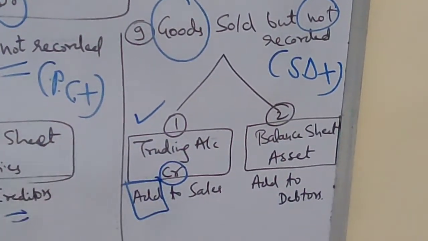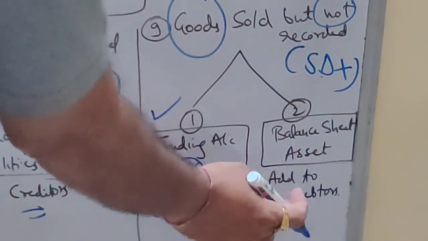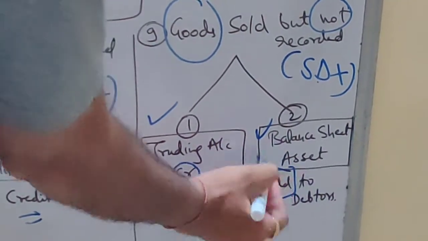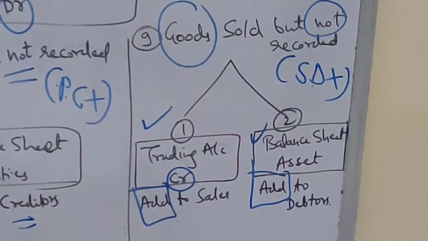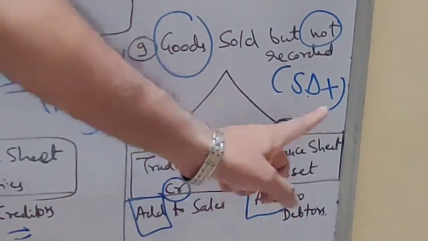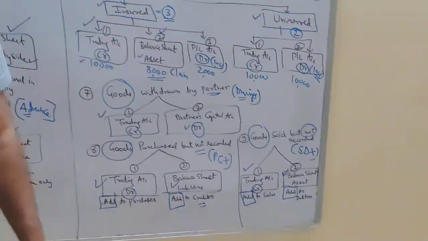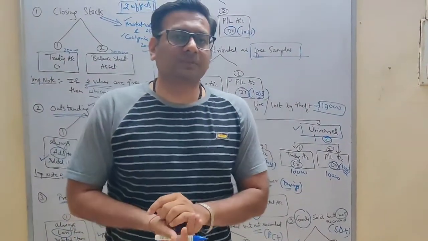So you add to sales on the credit side of the trading account. D stands for debtors. Where do you write debtors? You add to your debtors on the balance sheet asset side. This is how you will remember with the trick of this coding. SD plus, add to sales, add to debtors. Am I clear with the explanation, students? Hope you have understood all the 2 effects of the adjustments. Thank you.